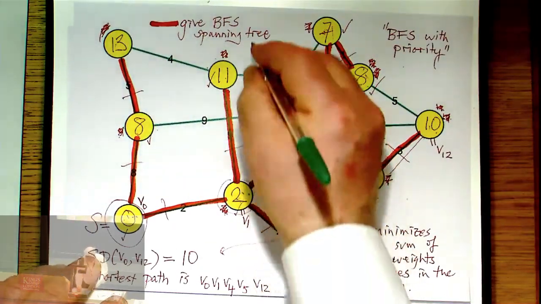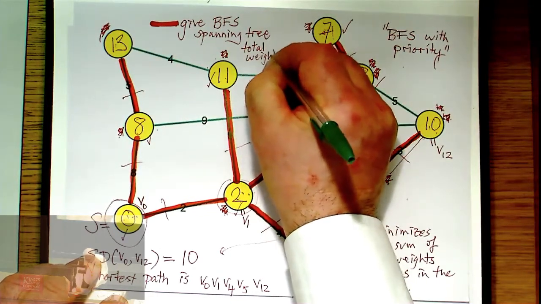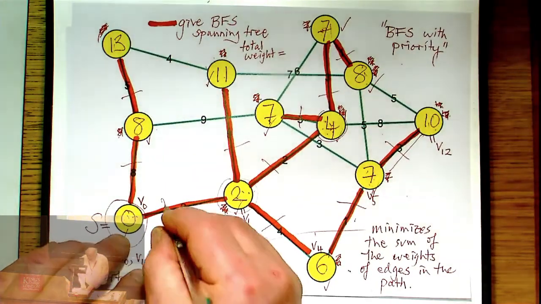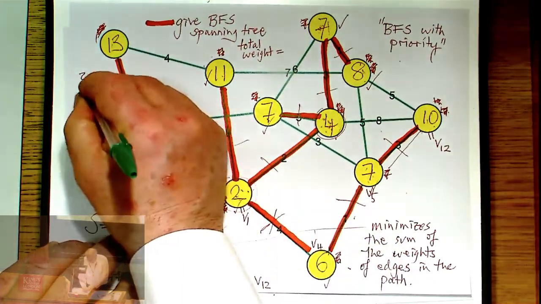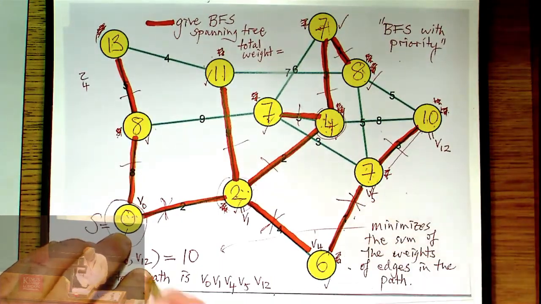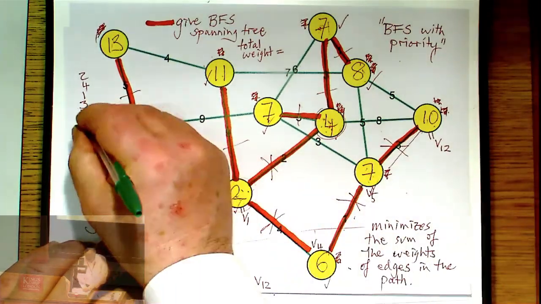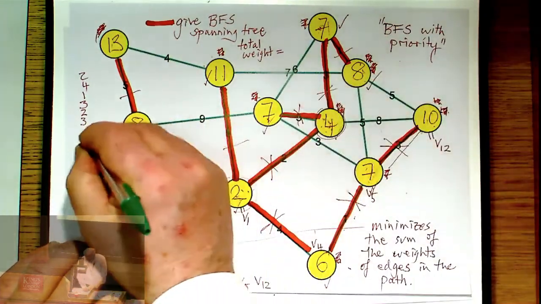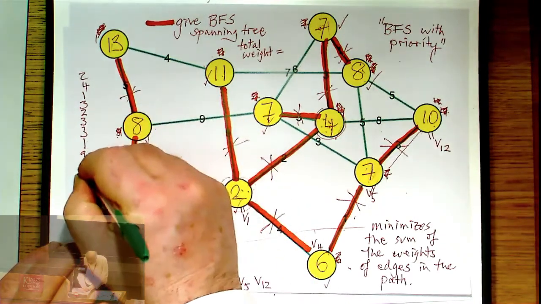And what is the total weight of this tree? That means the sum of the weights of the edges in the tree. Okay, and we've got to add up all the edges. So 2, 4, 1, 3, 2, 3, 3, 1, 9, 5, 8.